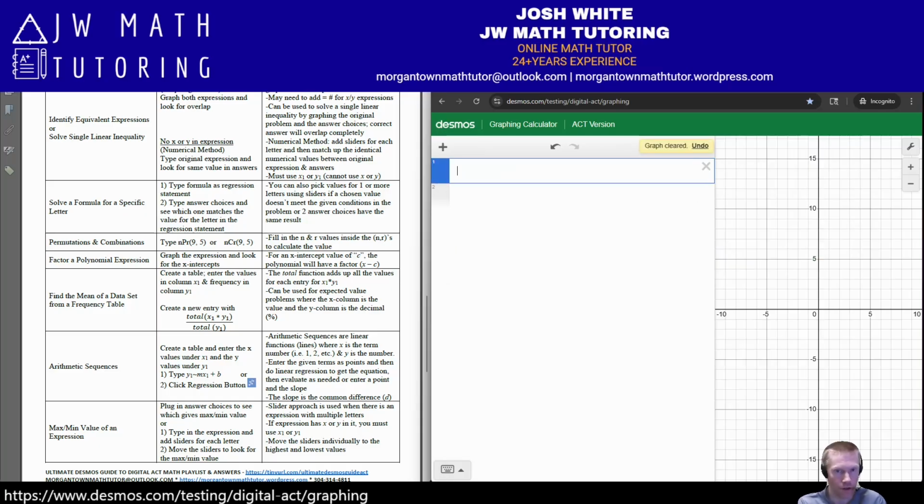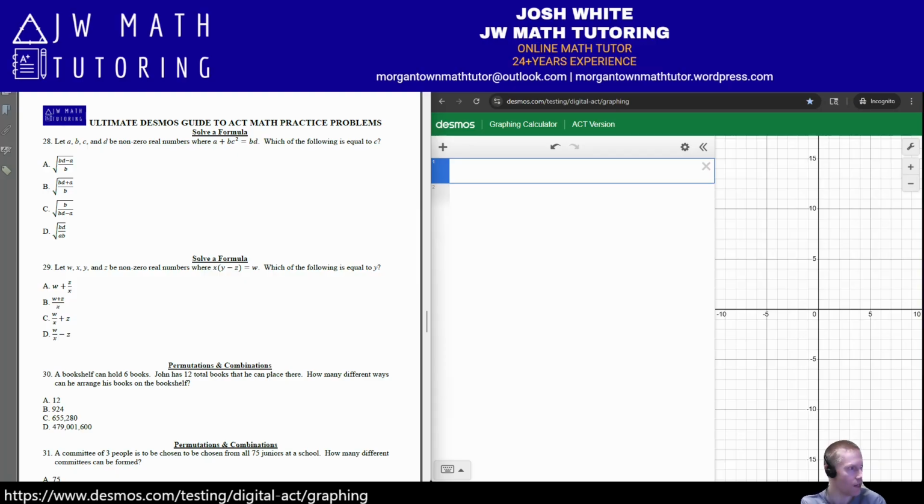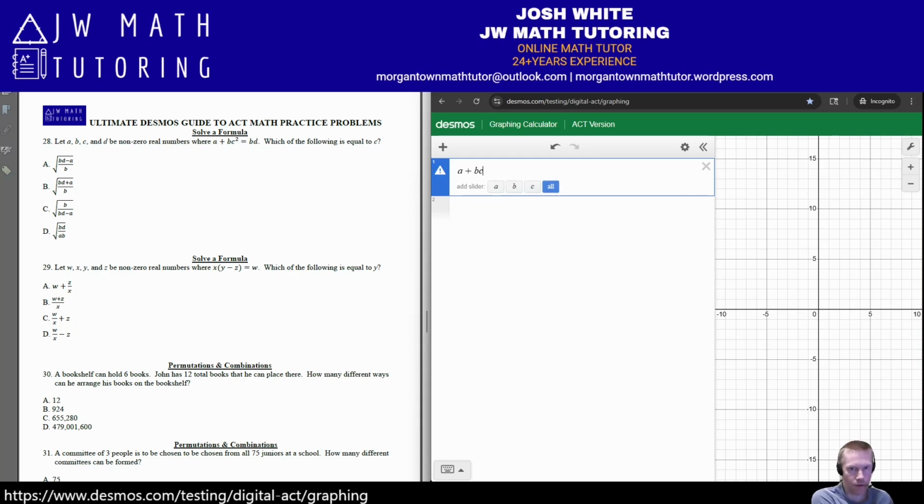Okay, so let's go back to the worksheet. Let's look at a problem at the top of this next page, number 28. Here is a formula: A plus BC squared equals BD. What I would do is type this out, using a tilde.